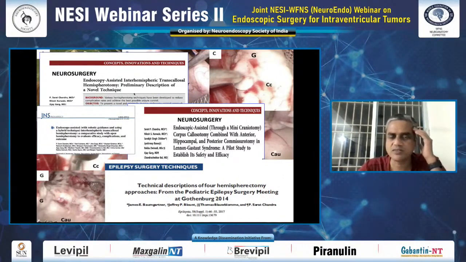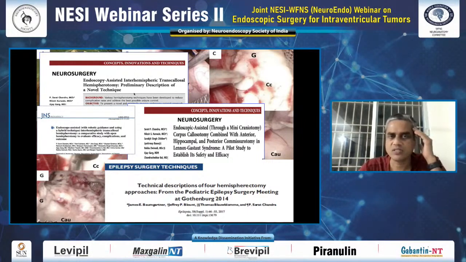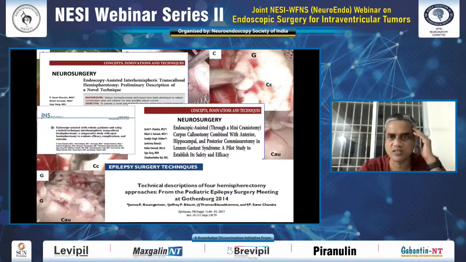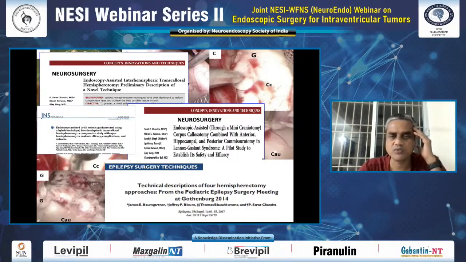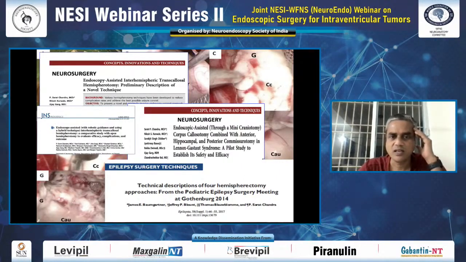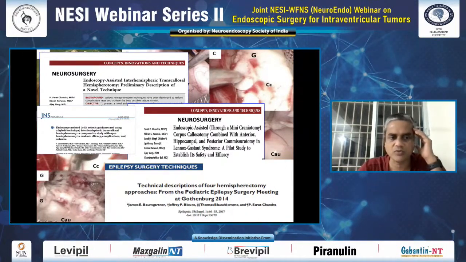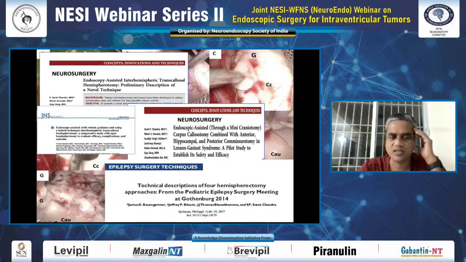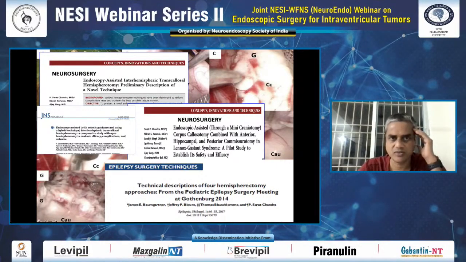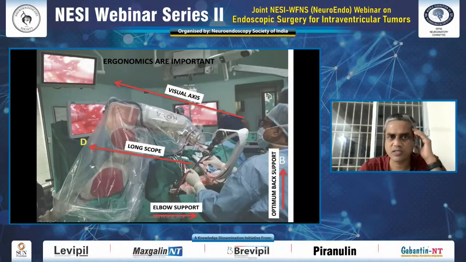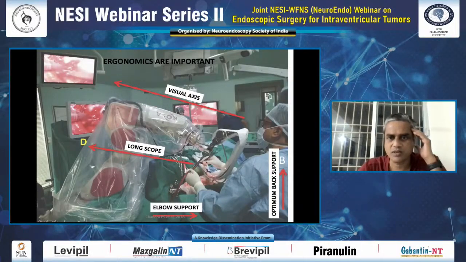And we published several papers on this. Now this is a standard procedure in our own institute where we do a complete hemispheric disconnection through a small craniotomy of just 3 to 4 centimeters. The same technique has also now been taken up in several institutes across the world, wherever they practice large volume epilepsy surgeries. So this is how I use the endoscope along with the robotic arm, which is the ROSA.